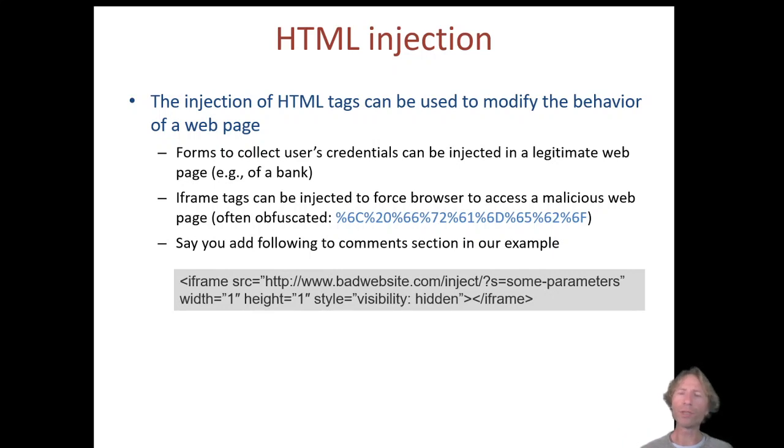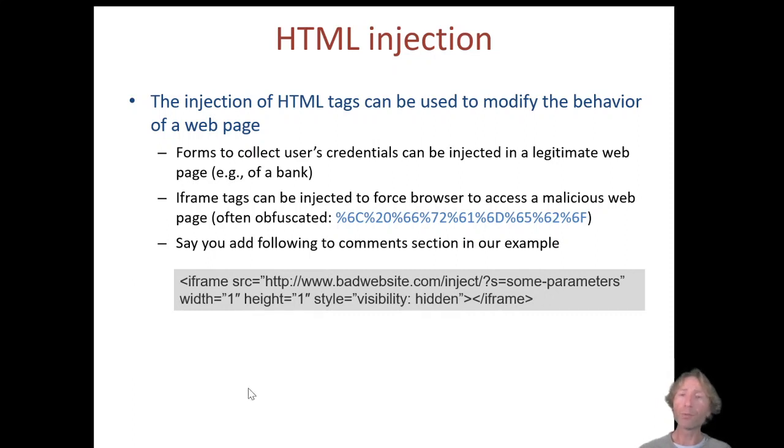We can also use injection in HTML tags to change the behavior of a web page that you have served from your server. For instance, you can add forms to collect the credit card details of a user, or maybe some password of a user, or you can inject iframe tags to access another website's information, maybe a malicious website.